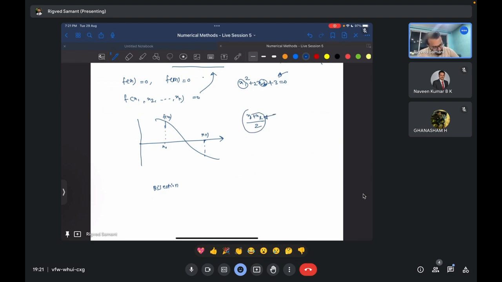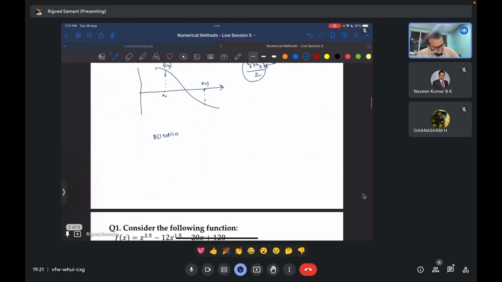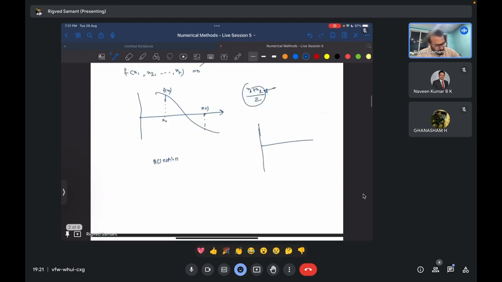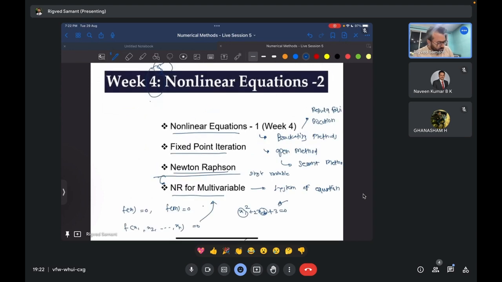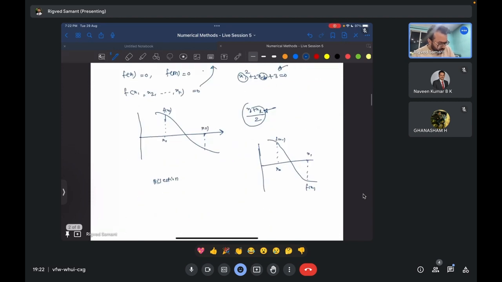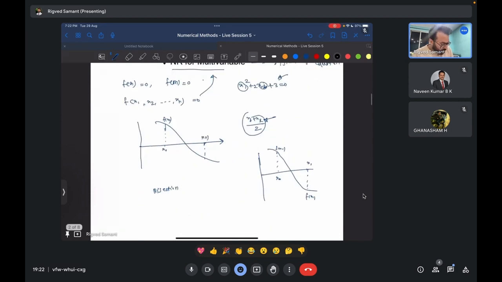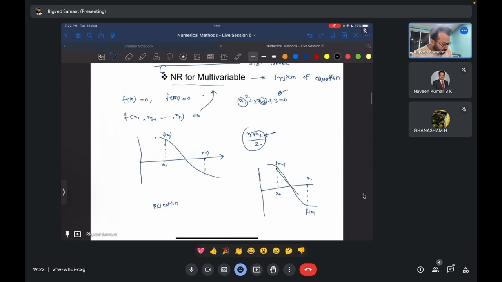Then in regula falsi, you did this: x0, f of x0, this is x1, f of x1, and you connected a line between them, right?